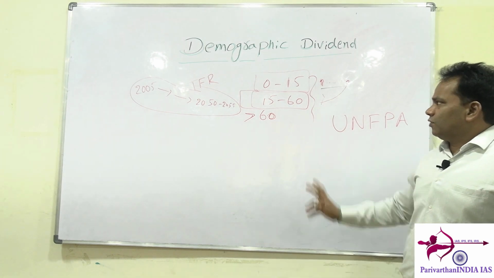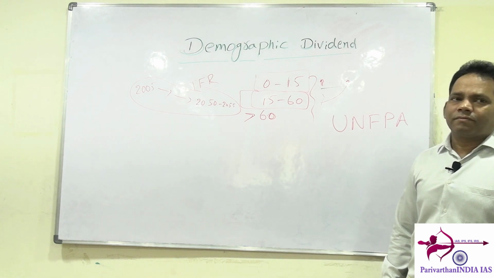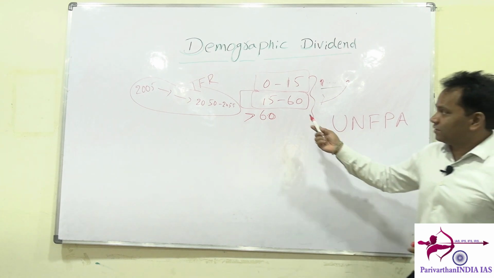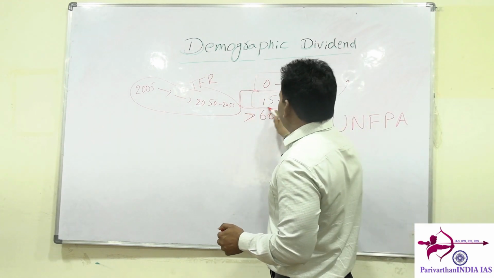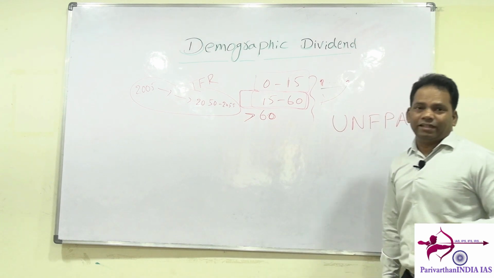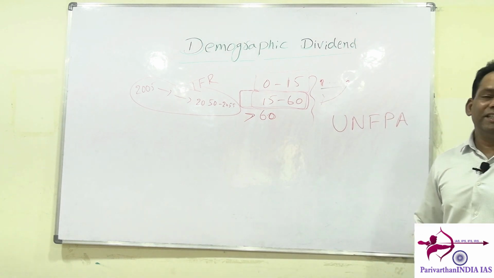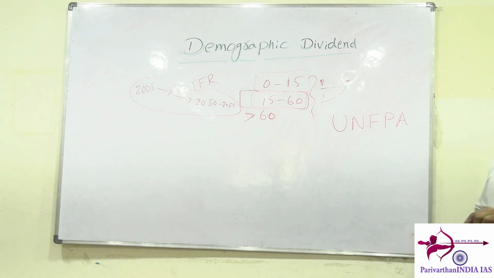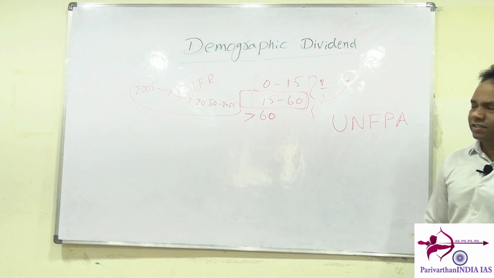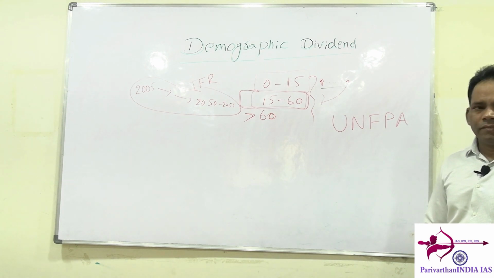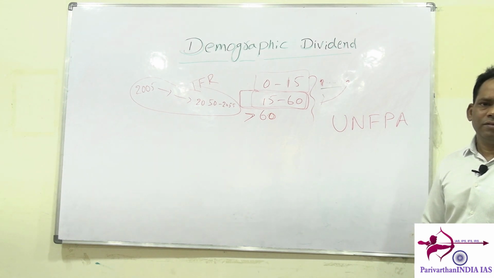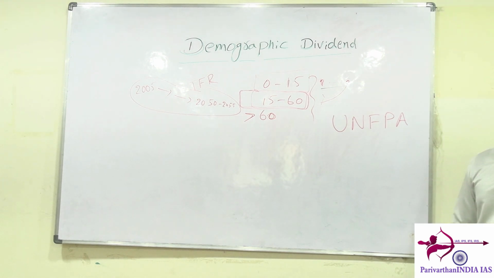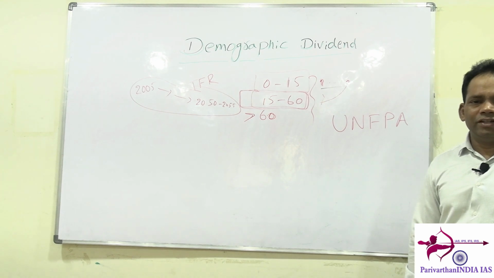So in this definition, one thing is the positive change in the age structure of a country. See, look at this one. So demographic dividend, age structure 15 to 60. In other words, it increases the population within the age group of 15 to 60 years.